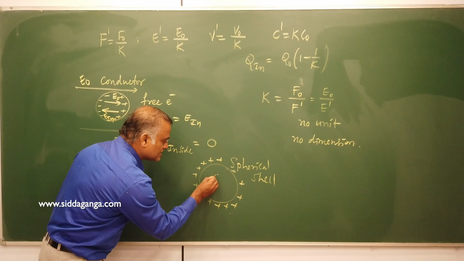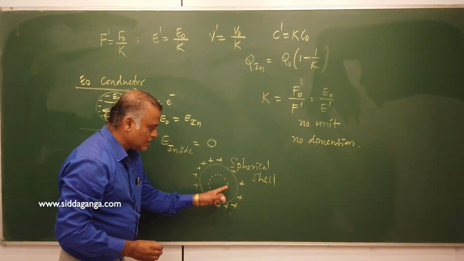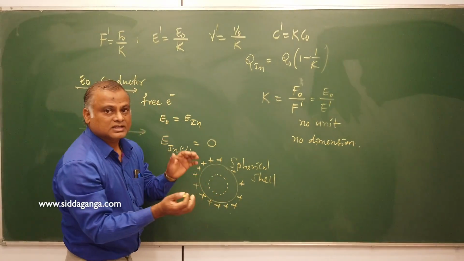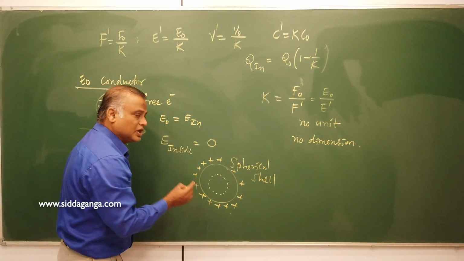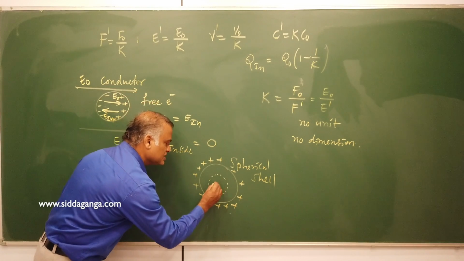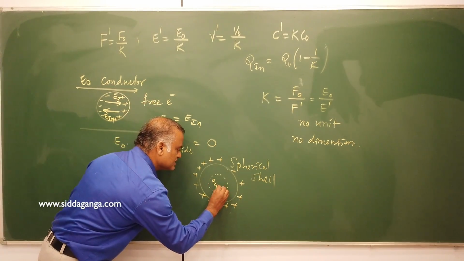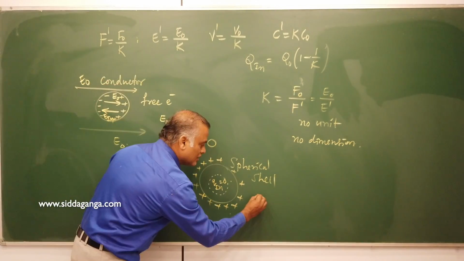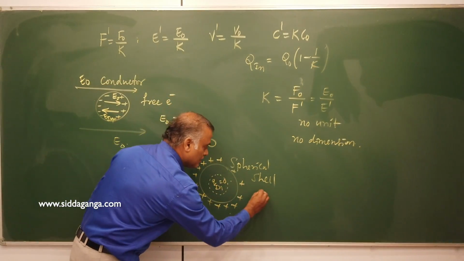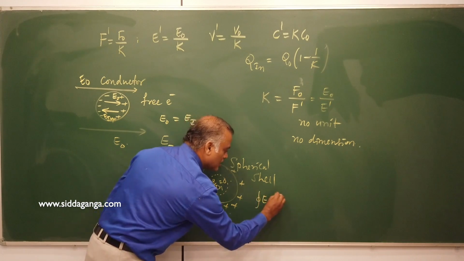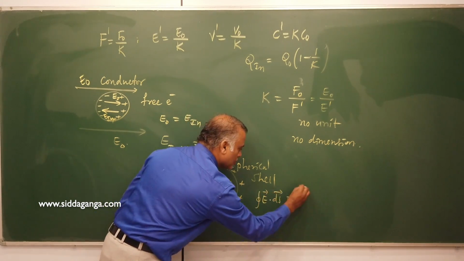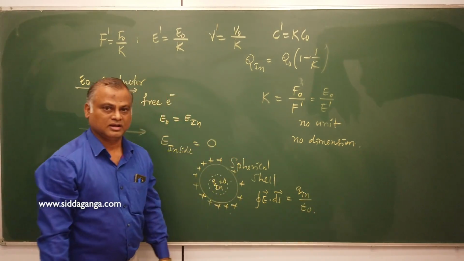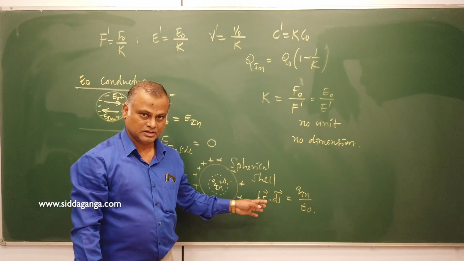If I take a Gaussian surface here, this dotted mark is the Gaussian surface. Does this Gaussian surface enclose any charge? Do you get any charge inside the Gaussian surface? No. Inside you get 0. If you apply the electric flux relation you have studied, the closed integral of E dot ds equals Q inside divided by epsilon naught. I feel you are very familiar with this.